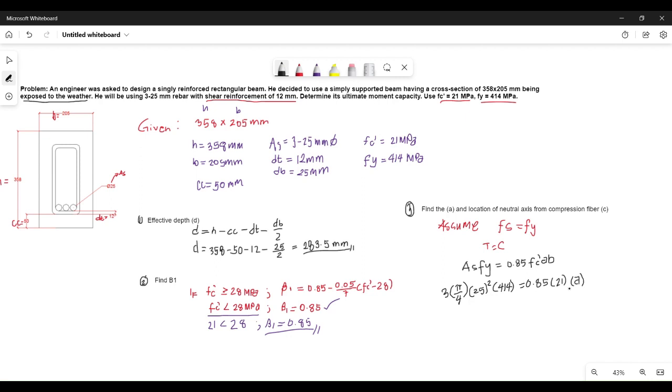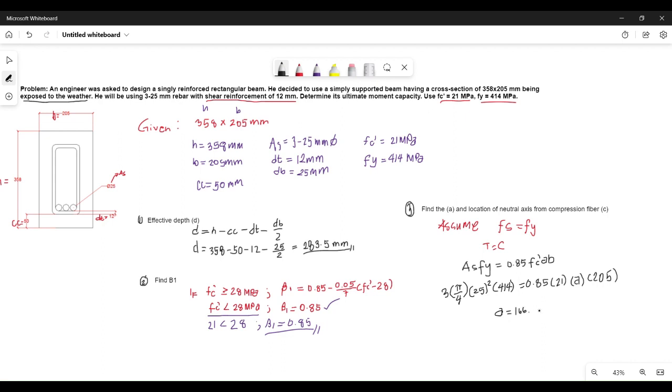Sa cross-section diagram, ang b natin dito is 205 millimeter. So, solve natin yung a. Shift solve natin.